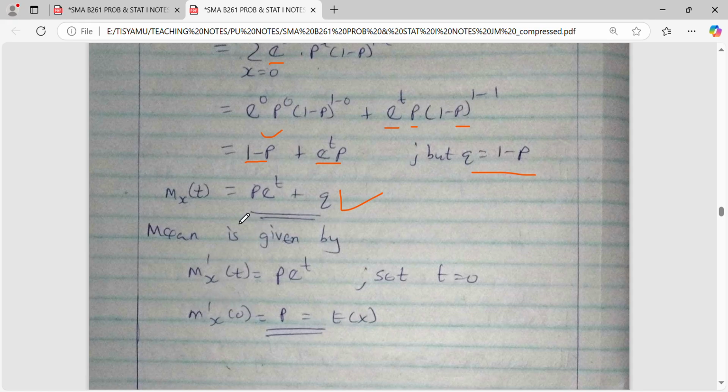So for this case, if you differentiate the MGF once with respect to t, then we are going to have p times exponential of t. Then setting t to be equal to 0, we are going to have p times exponential of 0, which is 1. So this will be p times 1, which is p, and therefore the first raw moment will be just p, as we had seen earlier, and this is same as expectation of x.